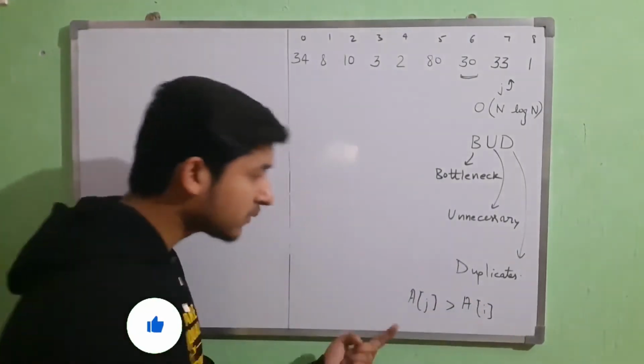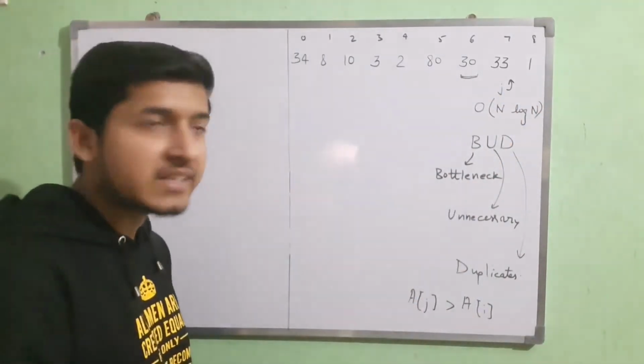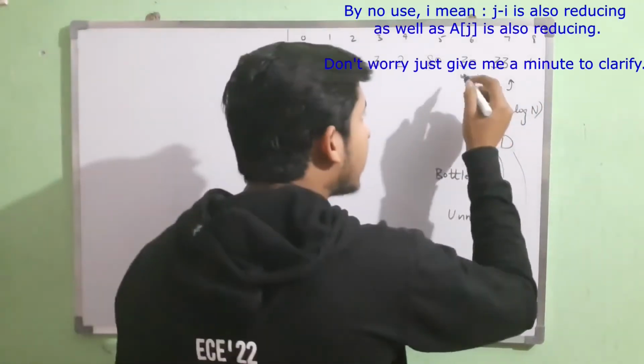So if j is moving to the left, this means the element should increase. If it is decreasing, then that element is of no use.